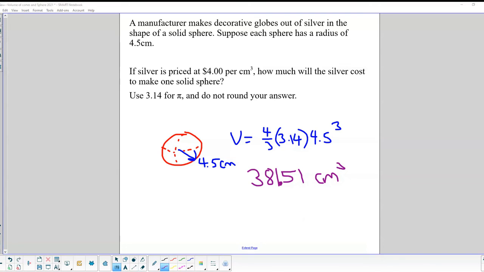So this sphere is going to cost 1,526.04. No, this is a cost, right? So for this many cubic centimeters, it's going to cost this many dollars. So the units are in dollars.